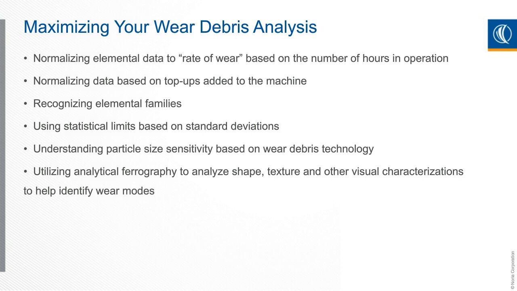You want to use statistical limits based on standard deviation, understanding particle size sensitivity based on the wear debris technology. I kind of just went over that a little bit. And you want to utilize analytical ferrography to analyze the shapes and textures and other visual characterizations to help identify the various wear modes, how that particle is produced, and what you can do to figure out the best solution, the best corrective action.